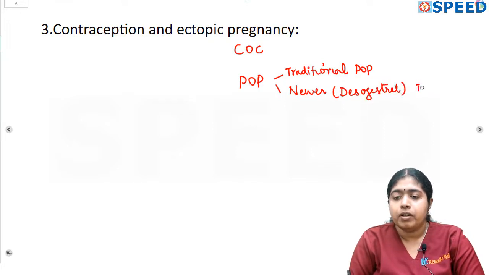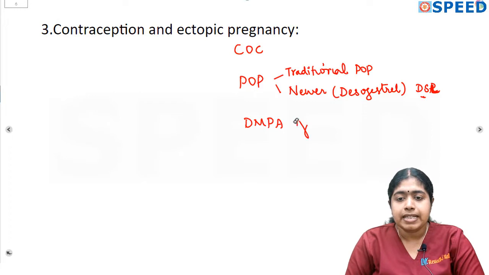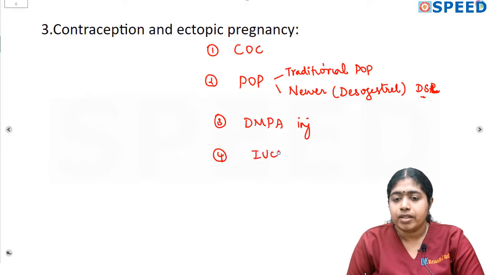All details are available in the topic on contraception. Desogestrel, in short form I am writing DSG. Okay, fine. We also have DMPA injection, depot medroxyprogesterone acetate injection. So 1, 2, 3, and what else we have? We have our intrauterine contraceptive devices. We also have implants.